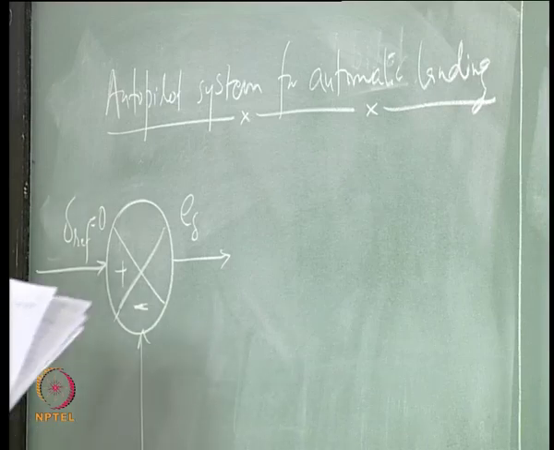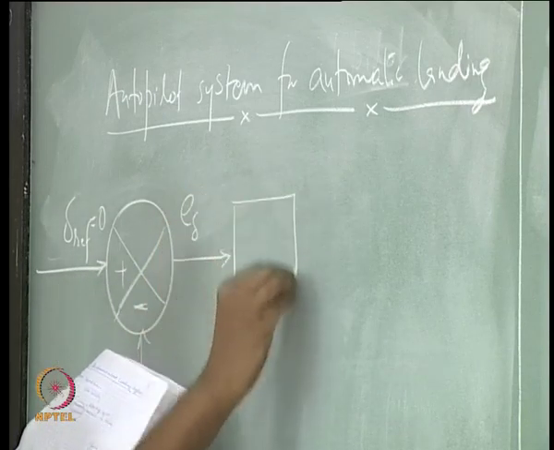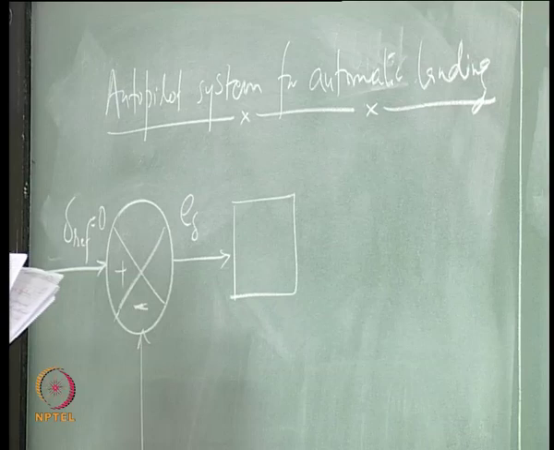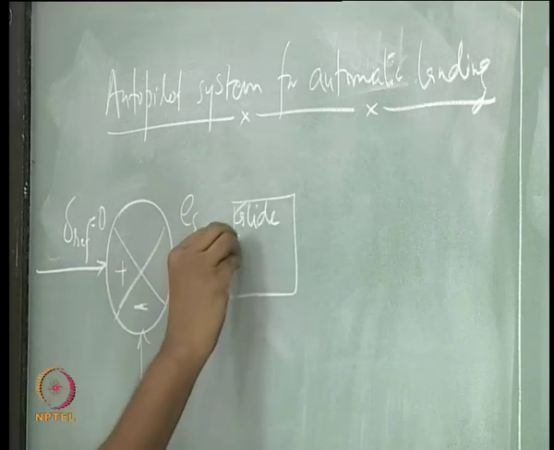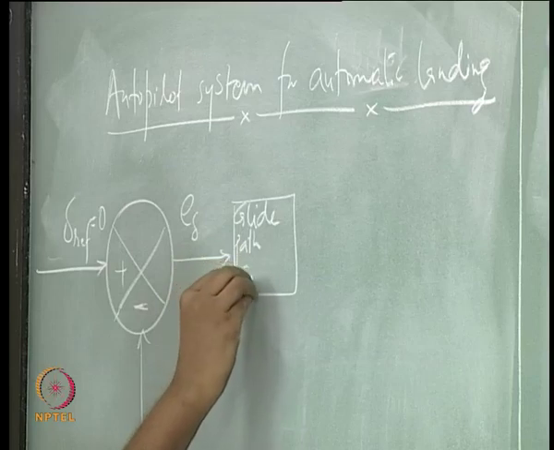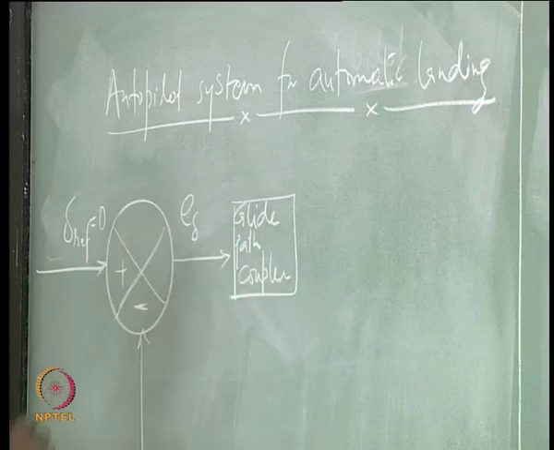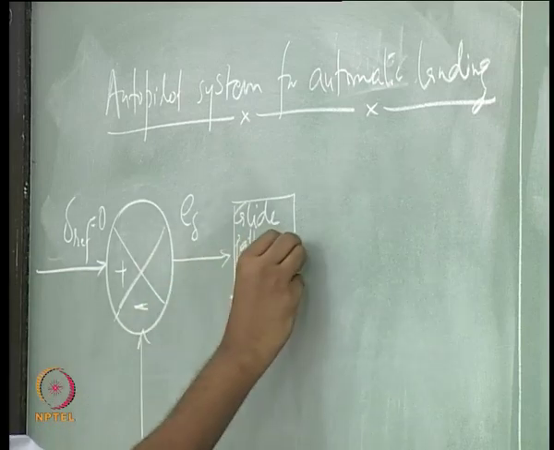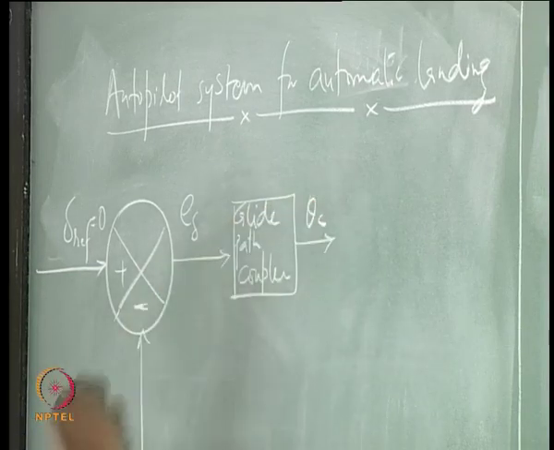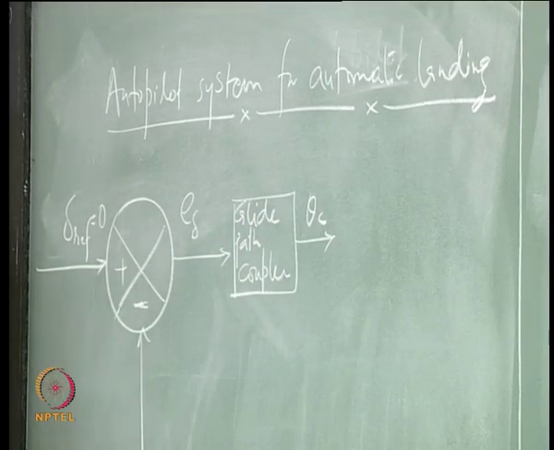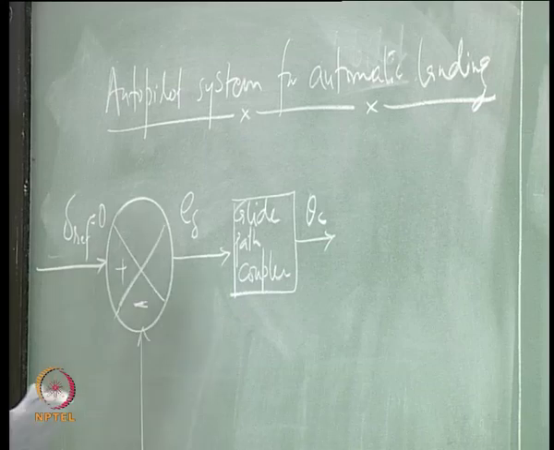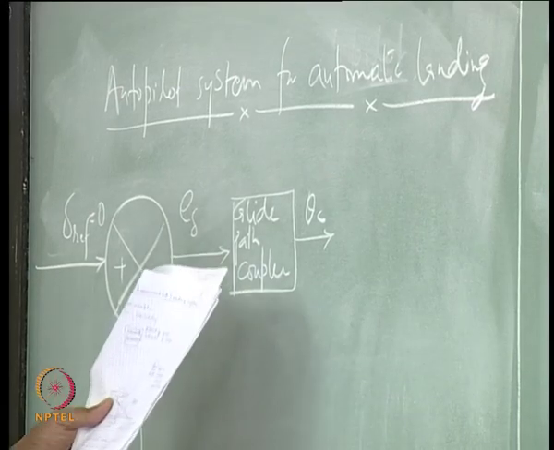The error in delta, the deviation angle, is fed to what is called the glide path coupler, which is trying to change the attitude of the aircraft so that it is following the glide path.